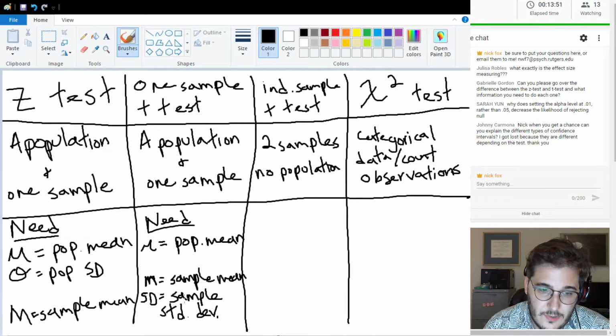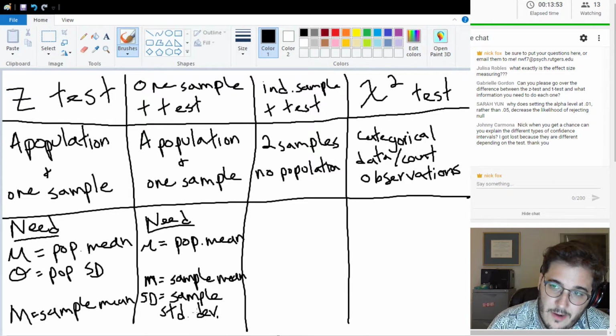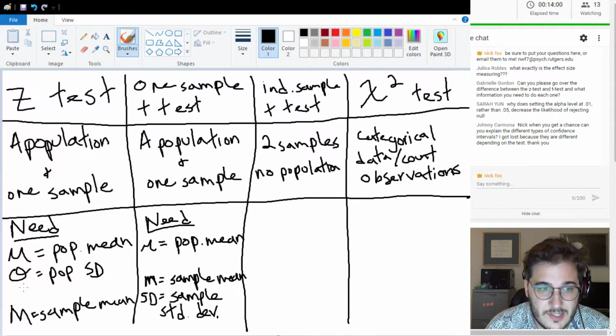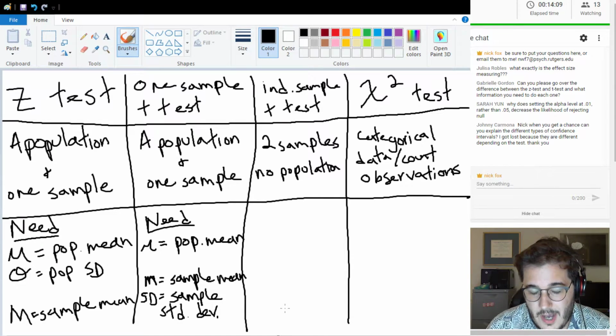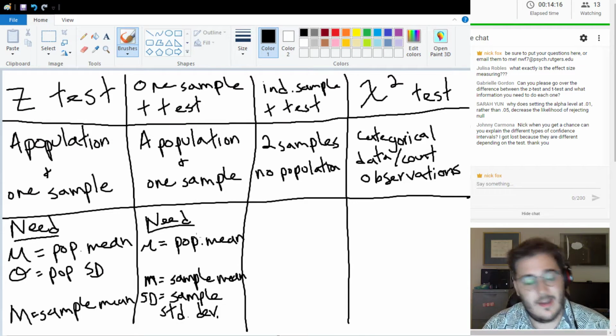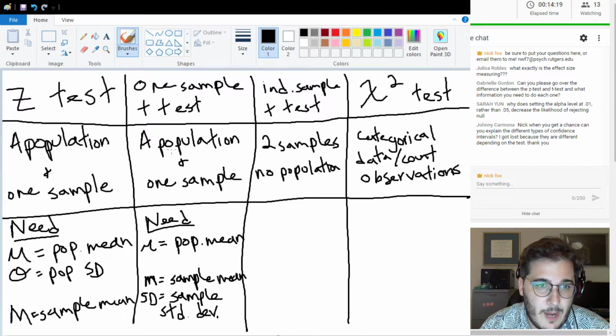So you'll wind up using the estimated standard error of the mean, which is the standard deviation of the sample divided by the square root of n minus 1. For the z-test, it's sigma divided by the square root of n, but since you don't have sigma, you make do with the sample standard deviation, which gives you the estimated SEM, SD over square root of n minus 1. So we can compare our sample to a population even if we don't have sigma.